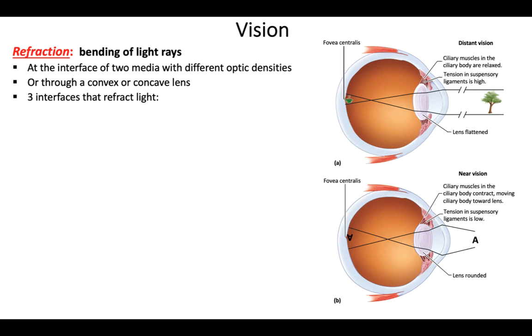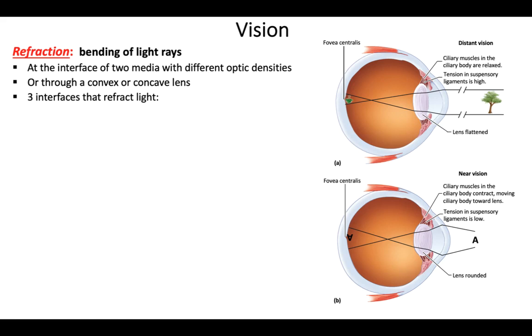Now, what if that object was close, like a letter? So now you're looking at text that's very close up. The light rays that come off of that are diverging, so they're going away from that object. Now those light rays have to be bent more. So notice what we have to do to the lens. We have to make it a little more rounded to refract even more in order to see that object.